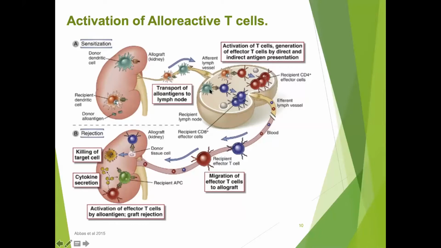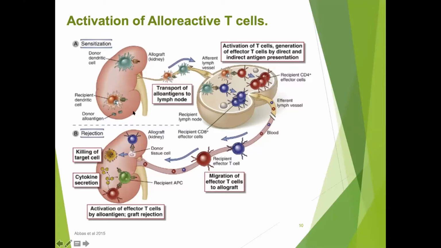And one of the things when it comes to APCs, typically when they're just doing surveillance, they are not activated. They would not be able to produce the co-stimulation necessary for T cells. But it's been hypothesized that the damage of surgery, when you're excising the organ from the donor, can in itself activate these donor dendritic cells.